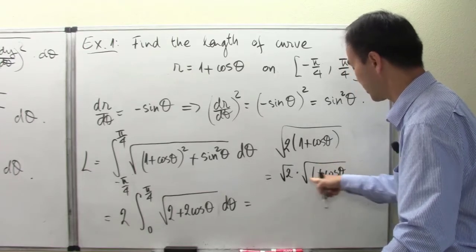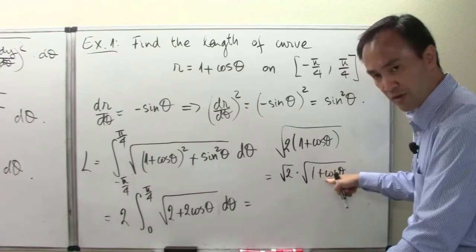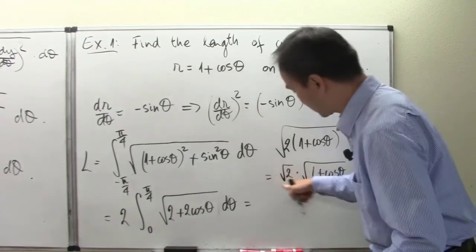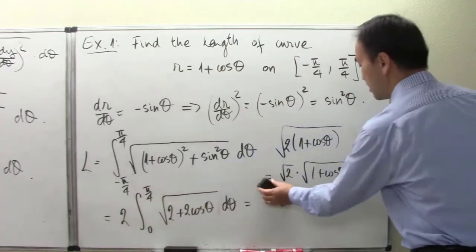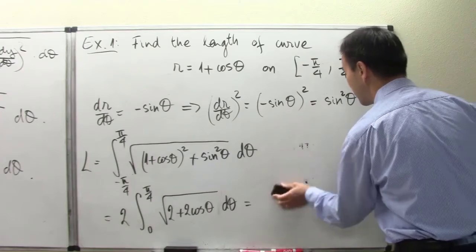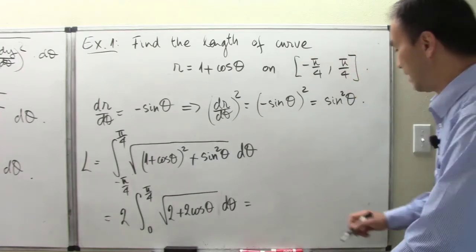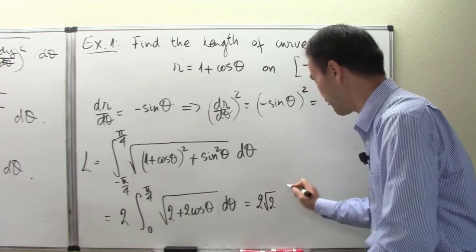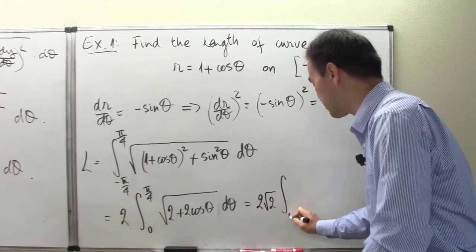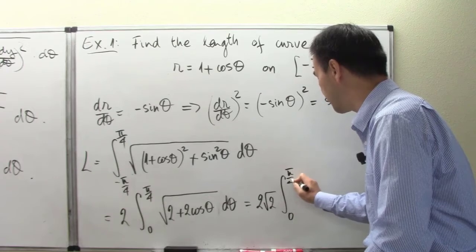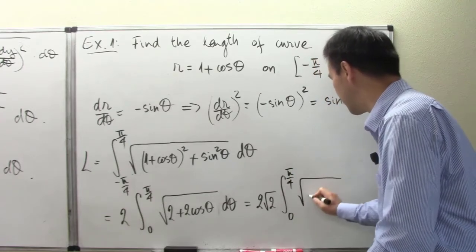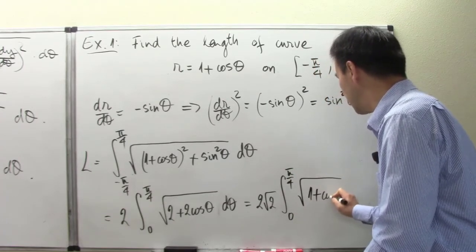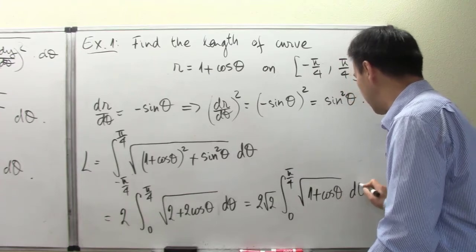This expression is even shorter, at least in the square root here, and I can bring the square root of 2 in front. In the next step, I'm doing one more step of simplification. I'm turning that into a 2 square root of 2 as a coefficient, and then I multiply with the integral from 0 to pi over 4, and now it's a much simpler expression, 1 plus cosine theta d theta.